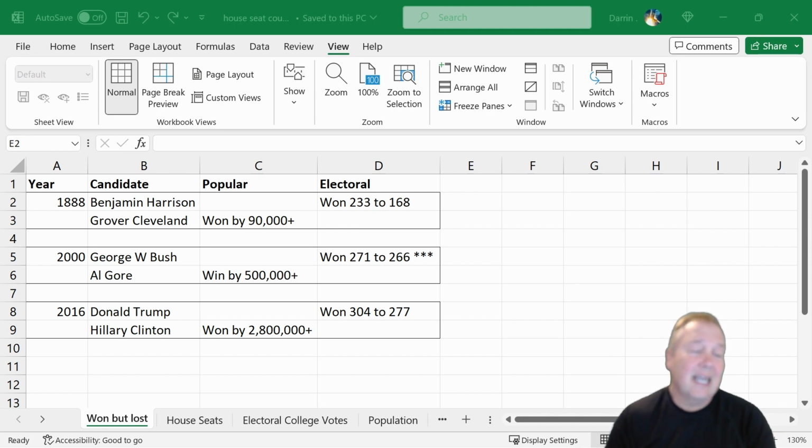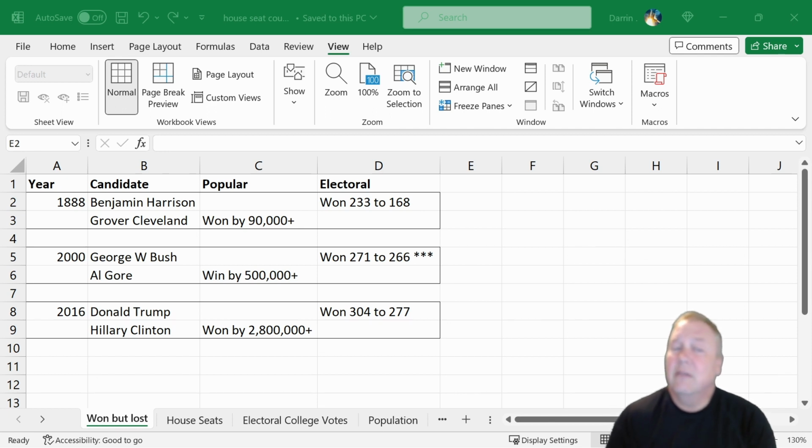In 1888, Benjamin Harrison won the electoral vote, but did not win the popular vote. He lost it by over 90,000 and was elected president. In 2000, George W. Bush lost the popular vote by more than a half million. He won the electoral vote 271 to 266.